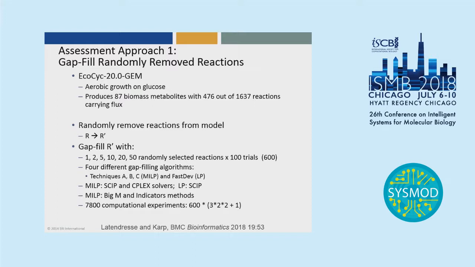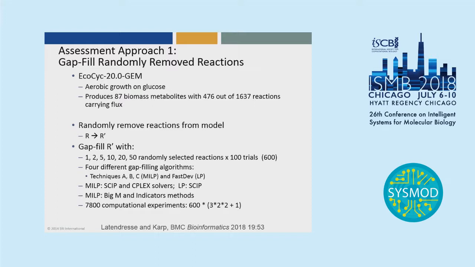Now, in addition, we tried 2 different solvers for solving the MILP problems. One is the commercial Cplex software from IBM, and the other is a free piece of software from a group in Germany called SCIP. And for the LP problems, we only used SCIP. In addition, we used 2 different mathematical ways of formulating the constraints for MILP, one of which is called Big M and the other is called indicators.